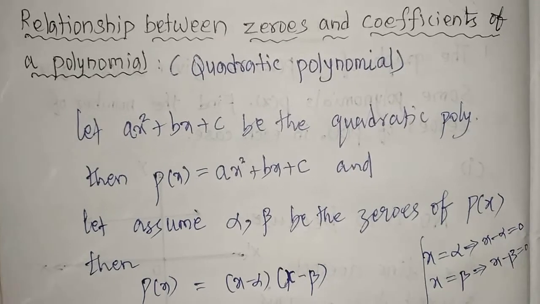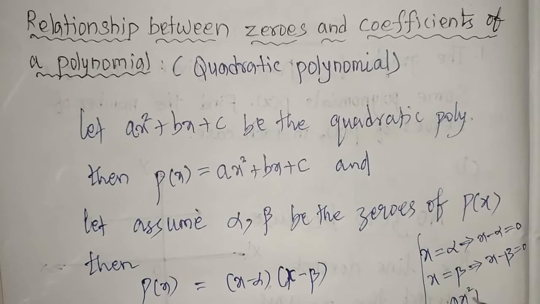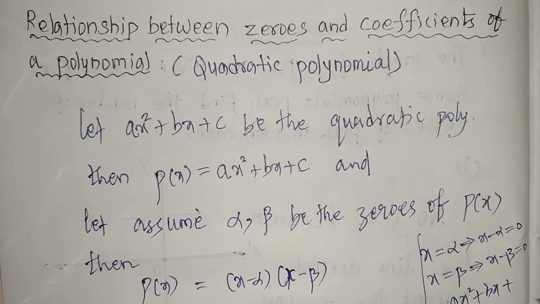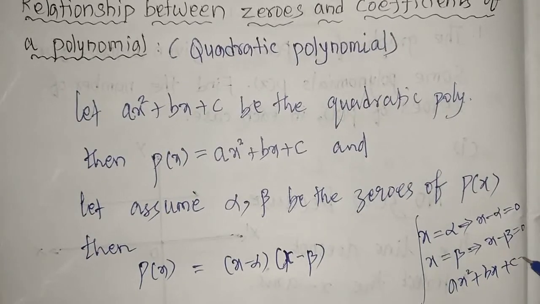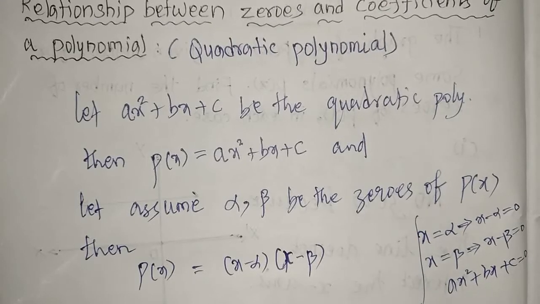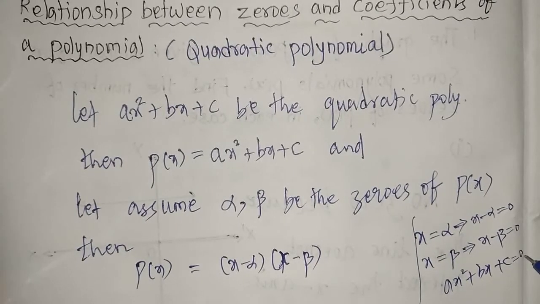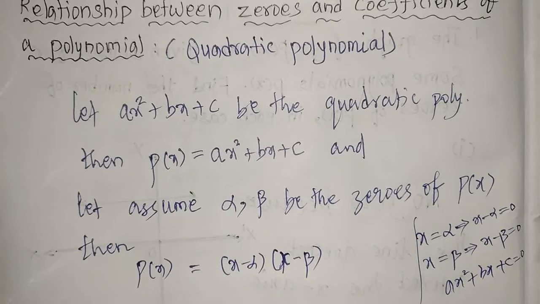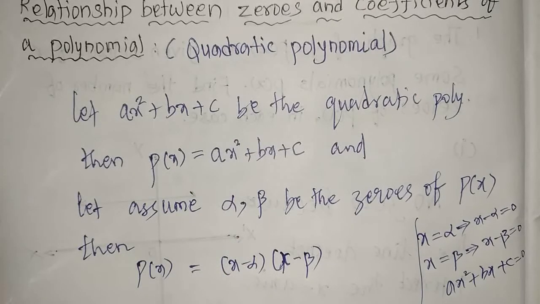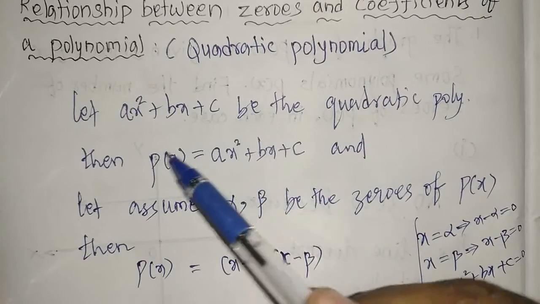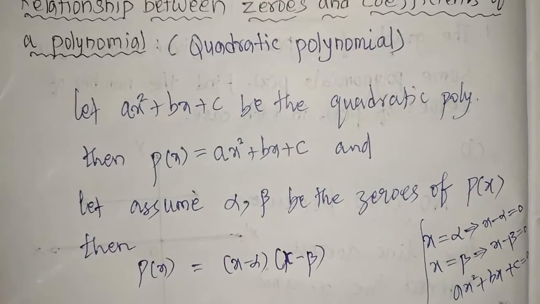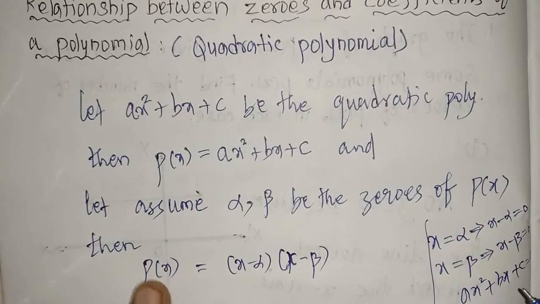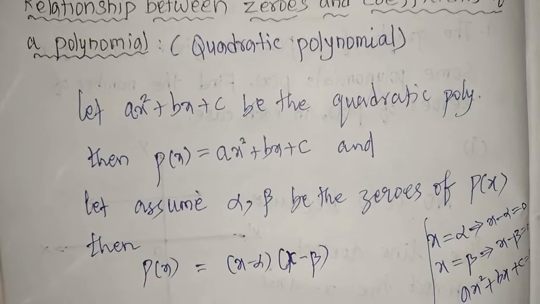When you solve the equation, suppose ax square plus bx plus c, we have to take it equal to 0. But in the question we have p of x, so p of x and 0 are both the same only. When we solve the equation, we must take p of x equal to 0. That's why, instead of 0, I mentioned p of x here.